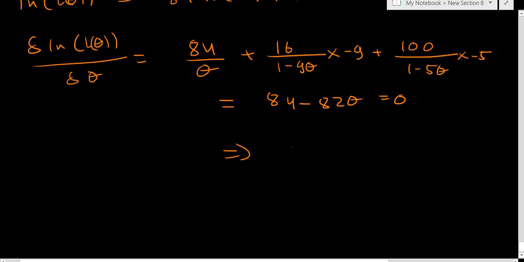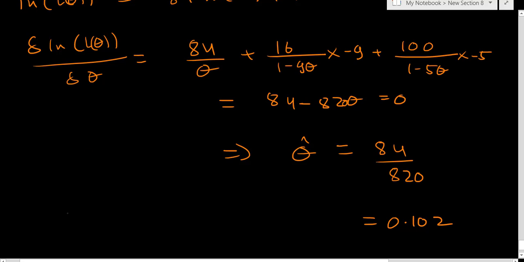You have to simplify it, and this gives the value of theta hat. I think this is not right, there's something wrong with this. Okay, this is 820. So 84 over 820, and this would be 0.102, right?